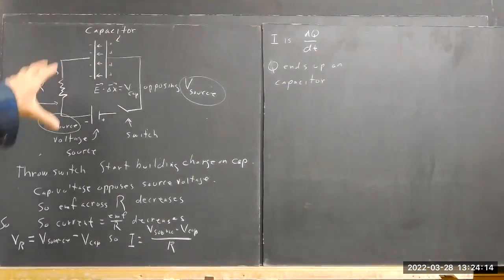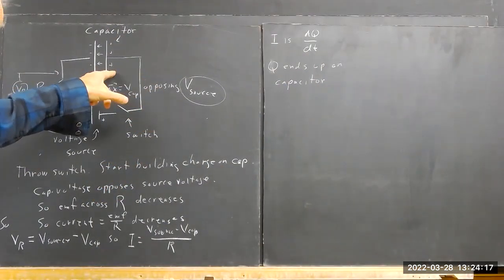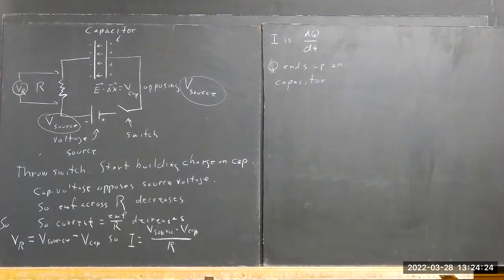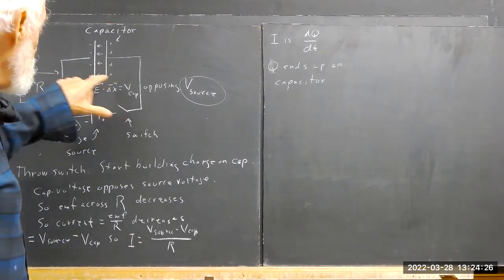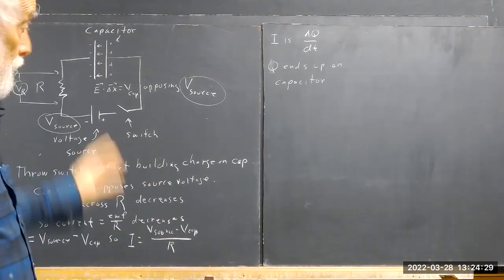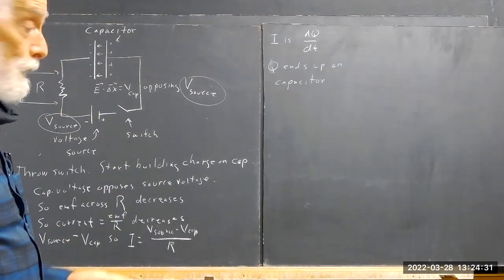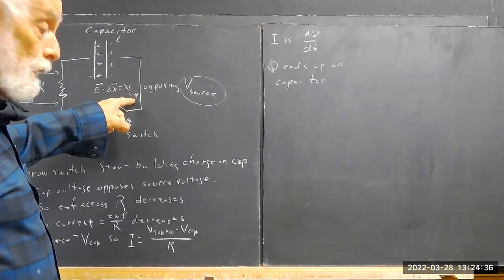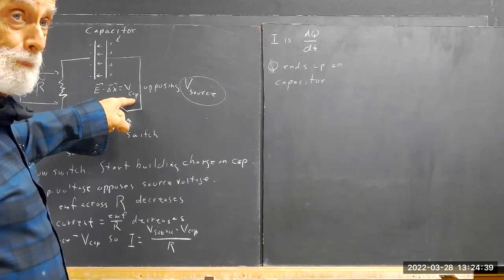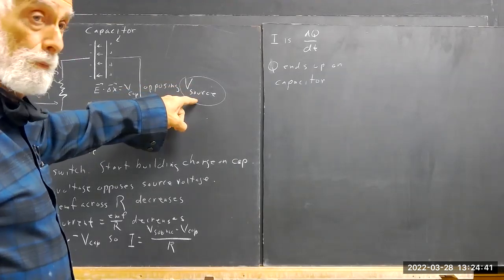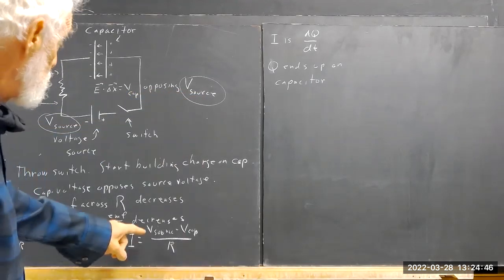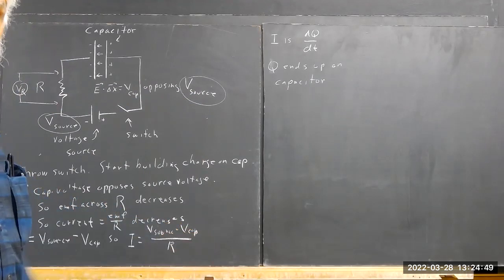You got this drift of charge. Whatever charge drifts to this point stays there, and an equal charge will drift away from this point. Building up positive charge here, negative charge here, increasing the electric field, thereby increasing the voltage of the capacitor, and the voltage that opposes the voltage of the source, which decreases the voltage of the source minus the voltage of the capacitor.